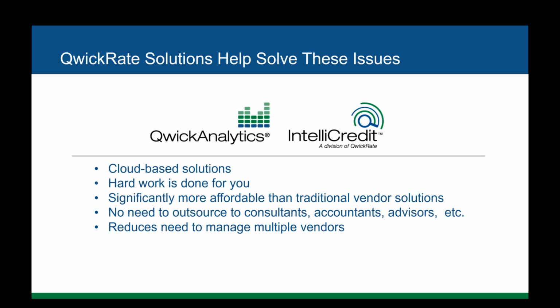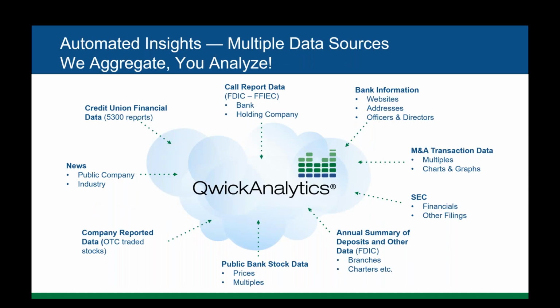Again, we've already touched on this, but what goes into the Quick Analytics platform: if you were to subscribe to our CECL tool, you'd not only get access to the CECL tool, but the entire platform that is Quick Analytics, which includes not only lots of valuation information and comparative call report information on the bank side, but also comprehensive information at the consolidated holding company level. We now have integrated credit union data. So for any of you who are interested in looking at credit union financials side by side with bank financials, we can do that as well now.